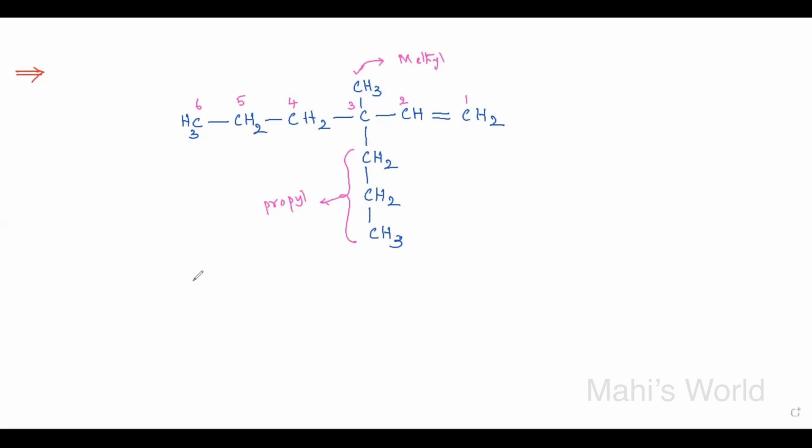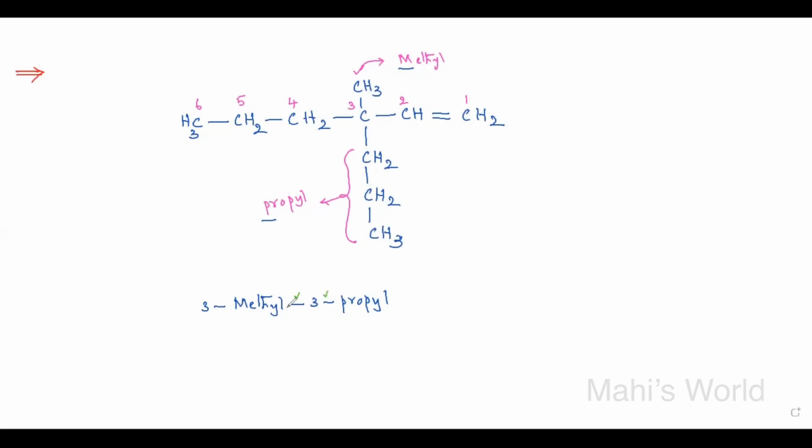Let me write that. I know that m comes first in alphabetical order. While writing the name, we have to be very careful. 3-methyl, then 3-propyl. We're done with that. Even when you write the name, you have to be very careful.